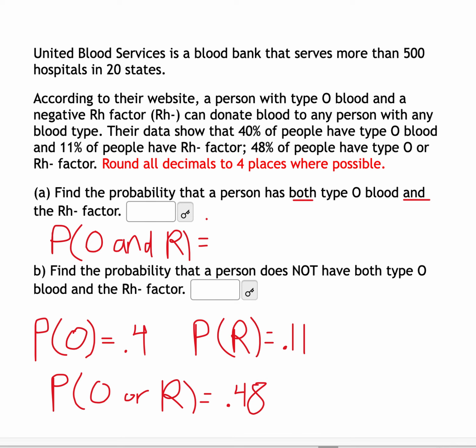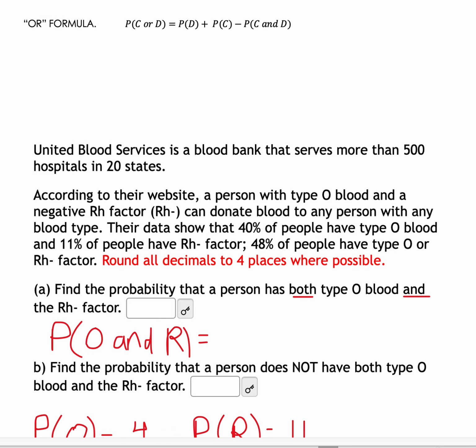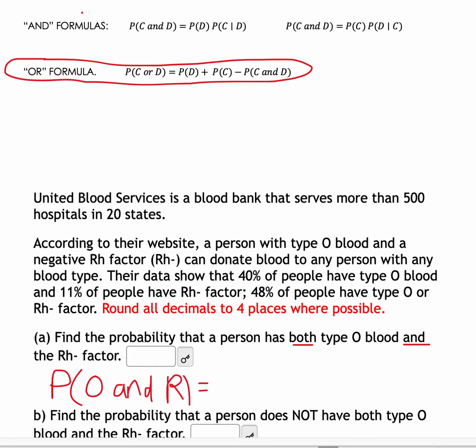So if we look up here, we can use the OR formula for this because we have pretty much everything we need. I don't want to use the AND formula because I don't have any of the conditional information. So that kind of omits using these formulas here.